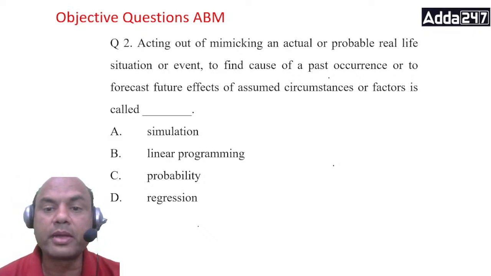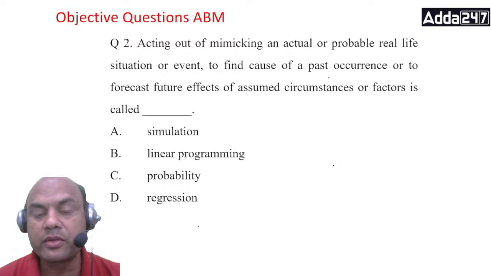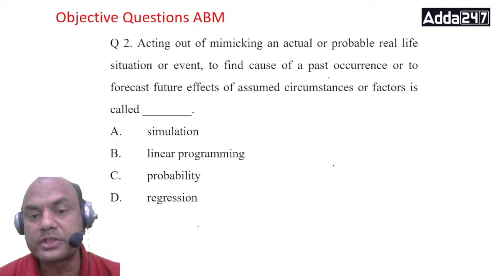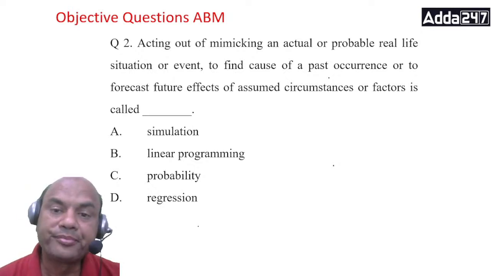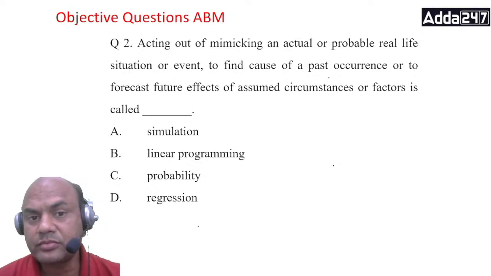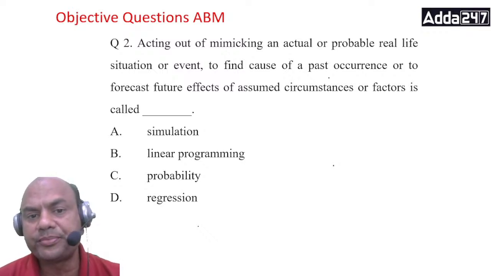Acting out or mimicking an actual or probable real life situation or event to find the cause of a past occurrence or to forecast the future effects of the assumed circumstances or factors is called as what? This is on similar lines to that earlier question, isn't it?